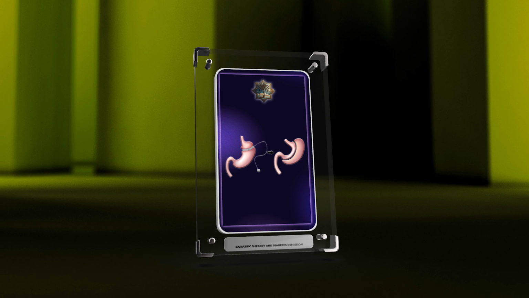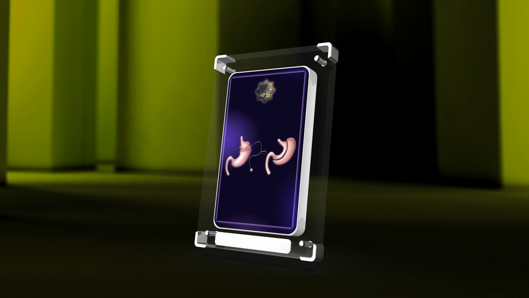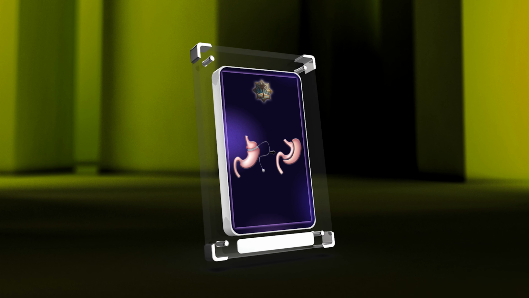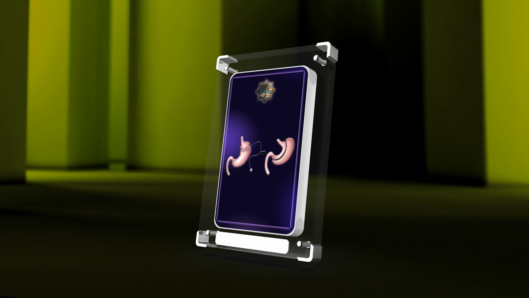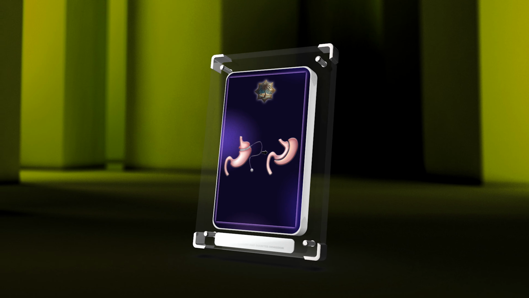In conclusion, bariatric surgery holds great promise in achieving diabetes remission and improving metabolic outcomes in patients with severe obesity and diabetes. Our exploration of various topics related to bariatric surgery has allowed us to delve into the intricate details of this field.